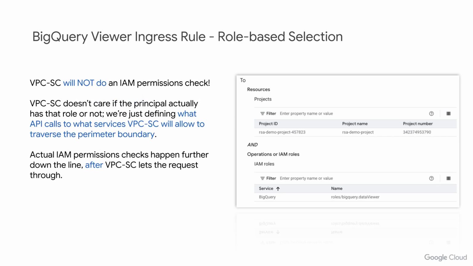VPCSC will not do an actual IAM permissions check. It doesn't care what IAM roles a principal holds. Instead, it checks the definition of the specified IAM role to determine the set of allowed operations for that rule.